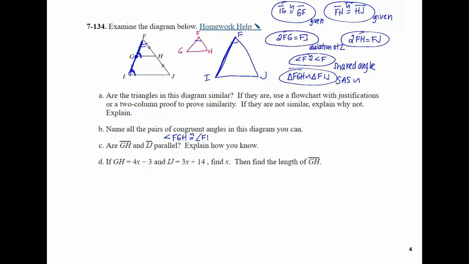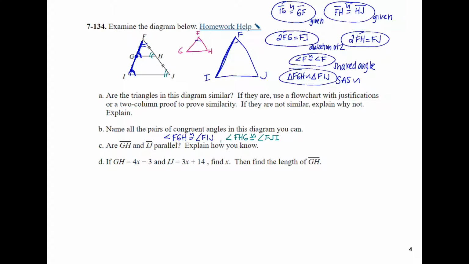I also can state that angle FHG is congruent to angle FJI because I proved those two triangles similar, which means their angles would be congruent.